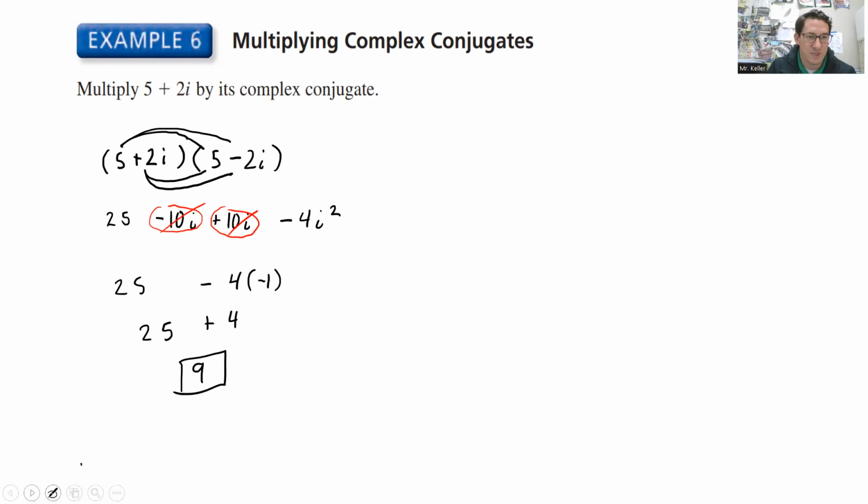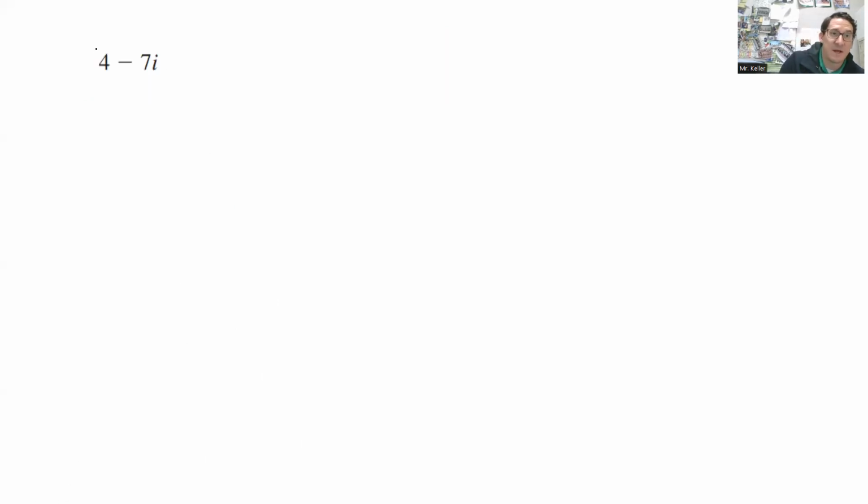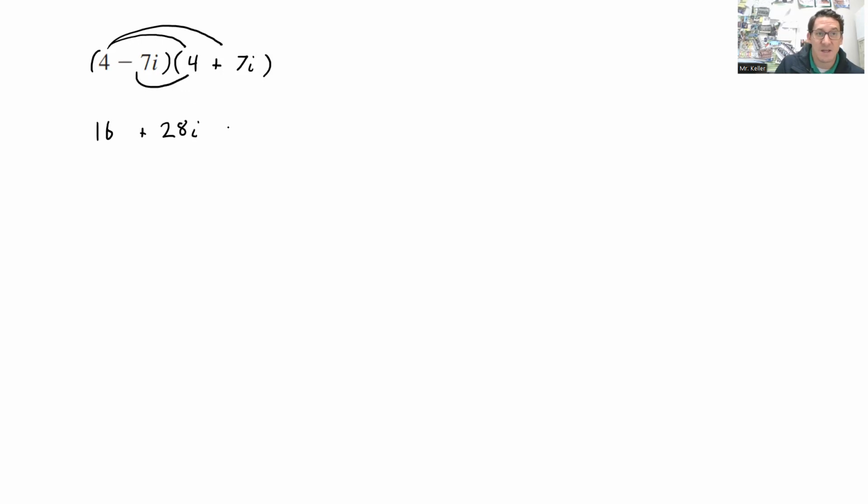Let's do one more example. Multiply by the conjugate here. Put parentheses here. The conjugate is going to be 4 plus 7i. Distribute the 4. So 4 times 4 is 16. 4 times 7i is 28i. Now I'm going to distribute the negative 7i. Negative 7i times 4 is negative 28i. Negative 7i times 7i is negative 49i squared.